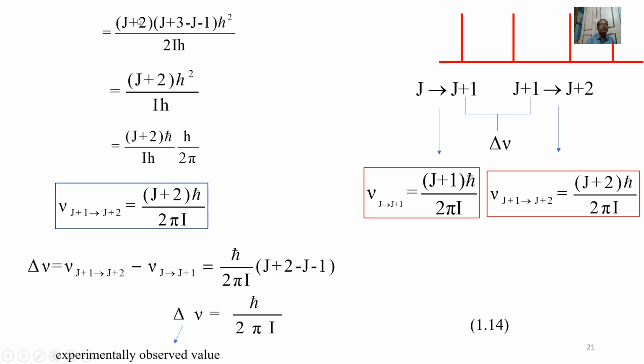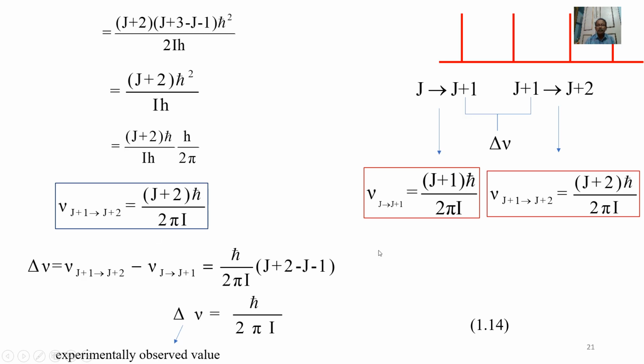So J plus 2, J plus 3 minus J minus 1, h bar square divided by 2Ih. So this J and minus J will get cancelled. 3 minus 1 will give us 2. And that 2 and the denominator 2 both will get cancelled. So we have J plus 2 h bar square divided by Ih. And as usual, for one h bar, we can write h divided by 2 pi. This h and this h will cancel. We have J plus 2 h bar times h bar divided by 2 pi I.